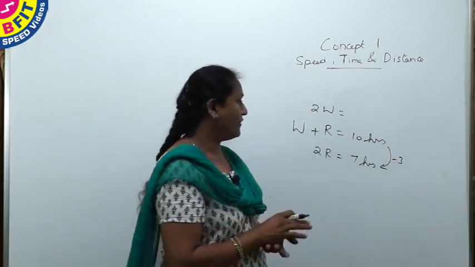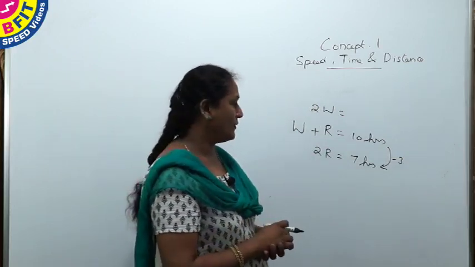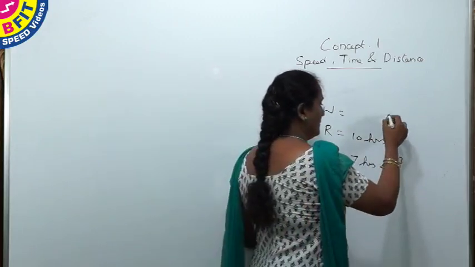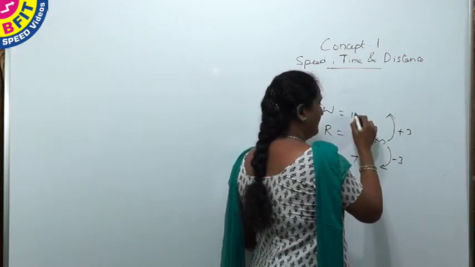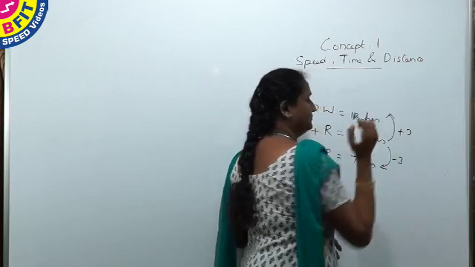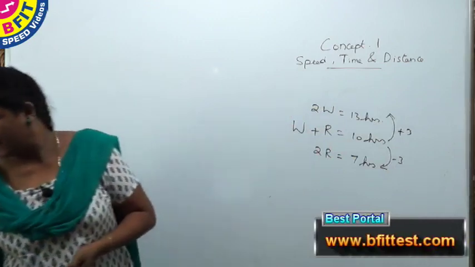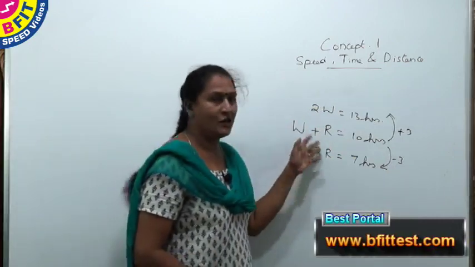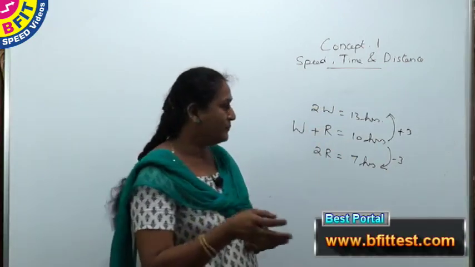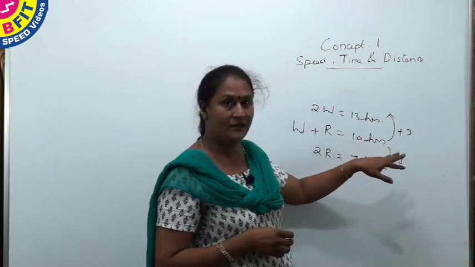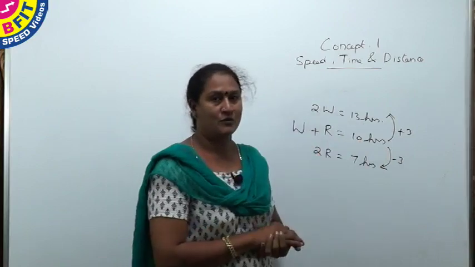And when they ask what is the time taken to walk both ways, just add this 3 to this base. So you will get 13 hours. So instead of solving all this equation, it is very simple. Just see what is the time he saves. That will be the time which he will take more when he walks both ways.